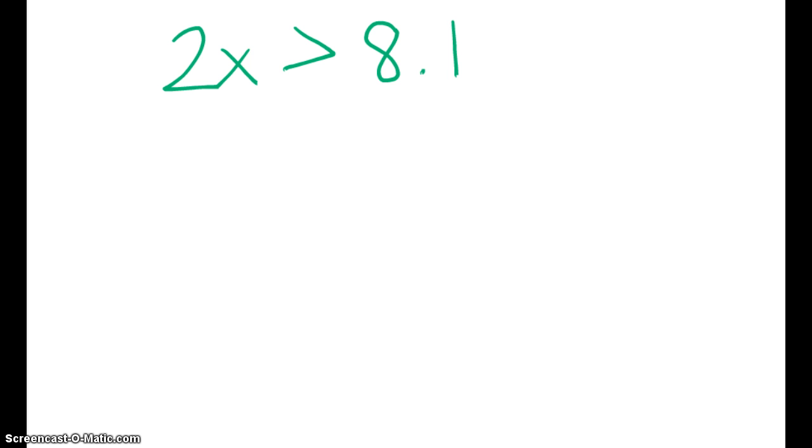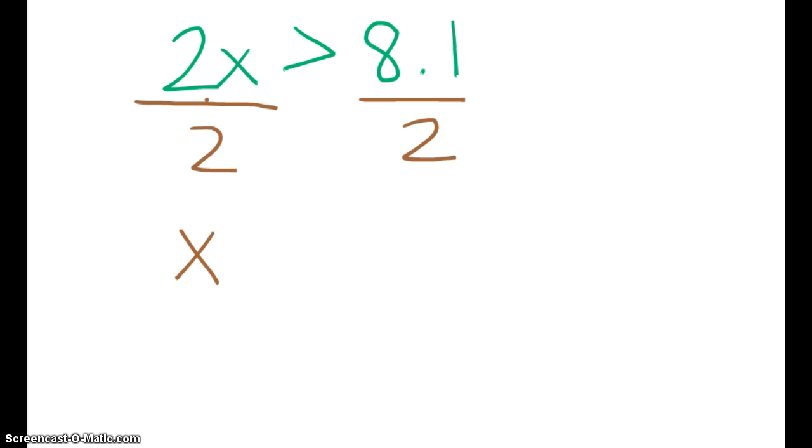Alright, go ahead and write this down and solve it. Alright, there's nothing to distribute. There are no like terms to combine. All I have is 2 x's, and that equals 8 and 1/10. So all I'm going to do is divide both sides by 2.